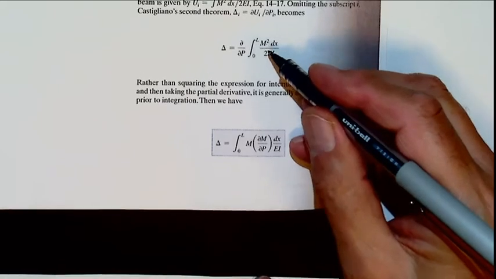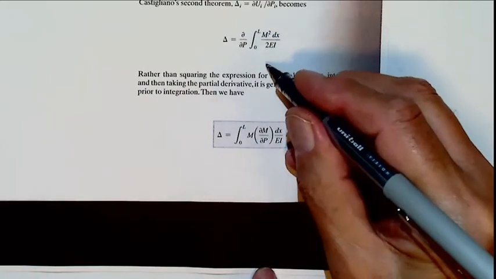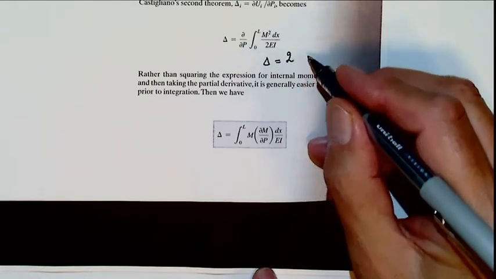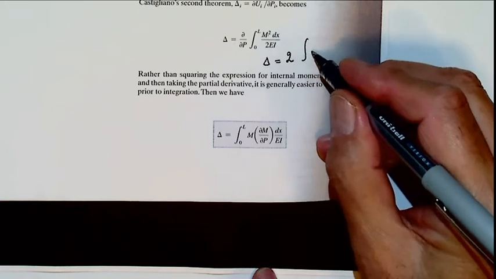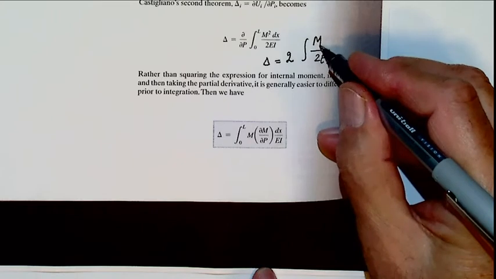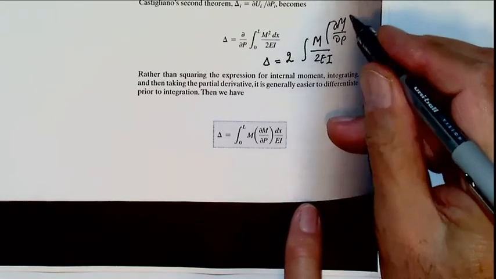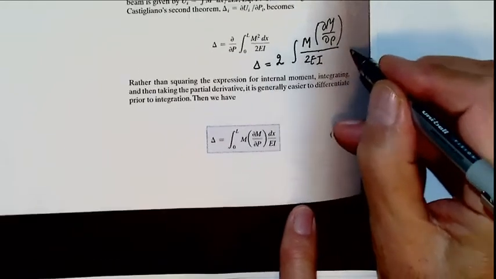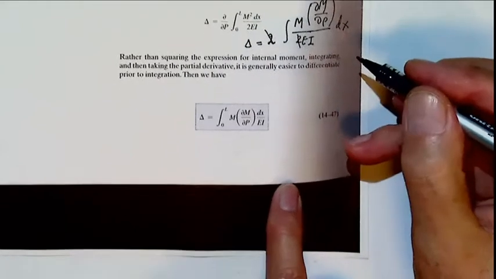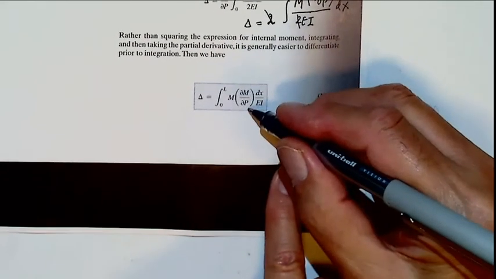It will then be 2 times, equals d dP, 2 times the integral over 2EI of M and then dM dP, then dx. But these two and these two cancel each other, and we get the integral of dx over EI, M times dM dP.